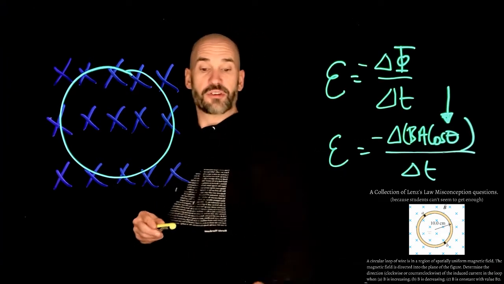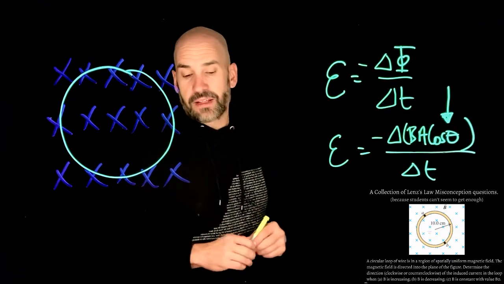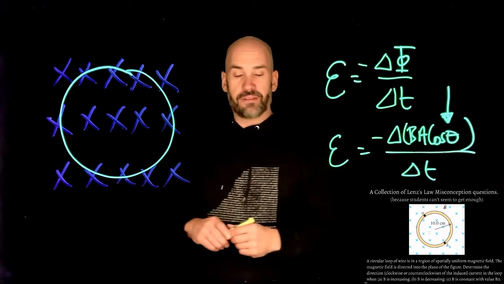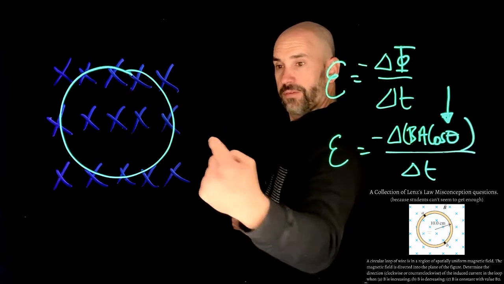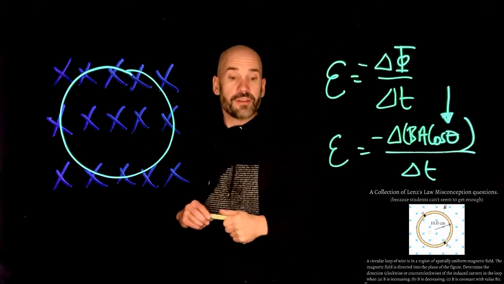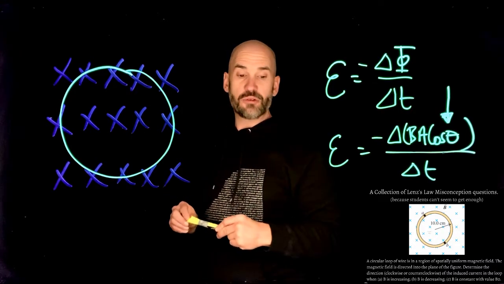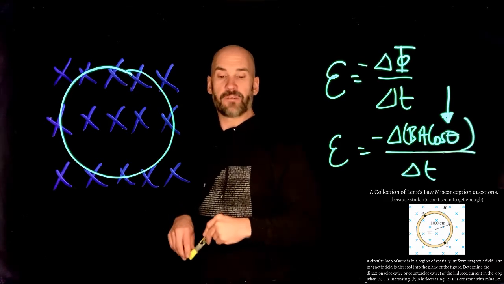It says, the circular loop of wire is in a uniform magnetic field. The magnetic field is directed into the plane of the figure. Determine the direction, clockwise or counterclockwise, of the induced current in the loop when the magnetic field is increasing.